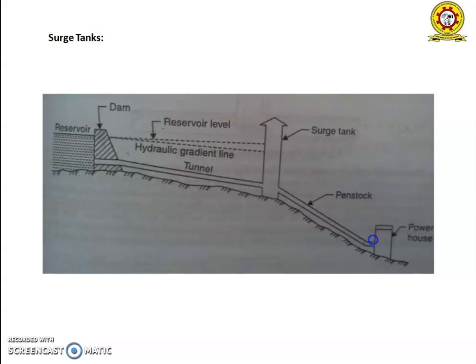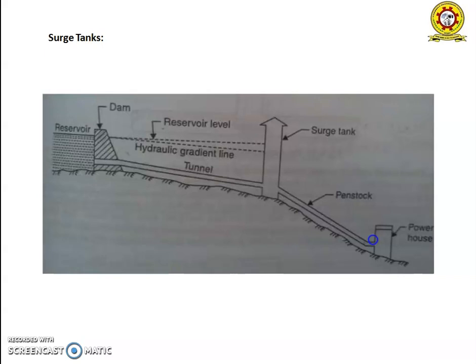The water level in the tank rises until it exceeds the level in the main reservoir, thus retarding the main conduit flow and absorbing the surplus of the kinetic energy.